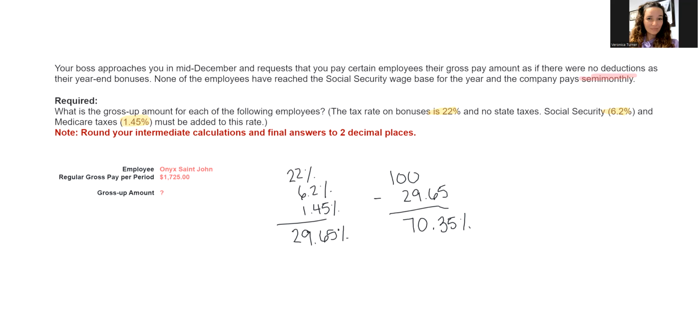So in order to gross up, we're going to do net pay divided by the tax rate.